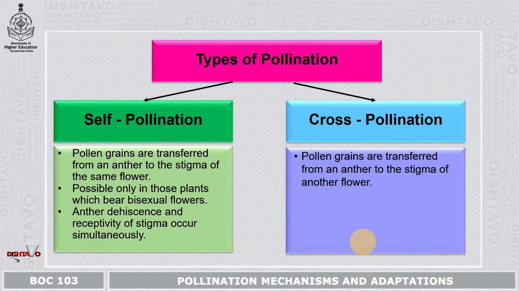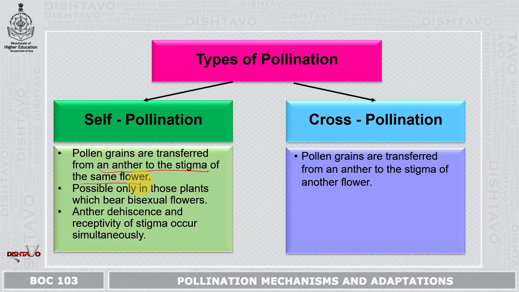Now let us study the types of pollination. As you can see in this slide, there are two types of pollination. First one is self-pollination. The second type is cross-pollination. We will first look at self-pollination. In self-pollination, pollen grains are transferred from an anther to the stigma of the same flower.